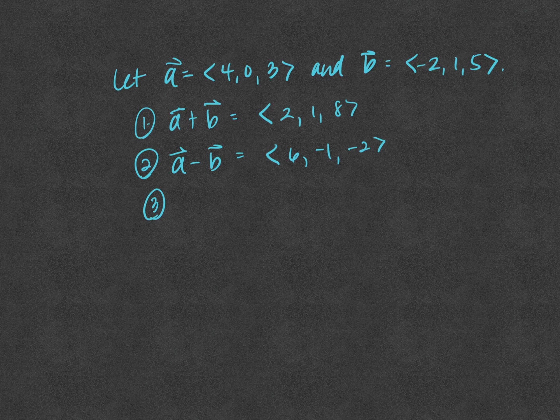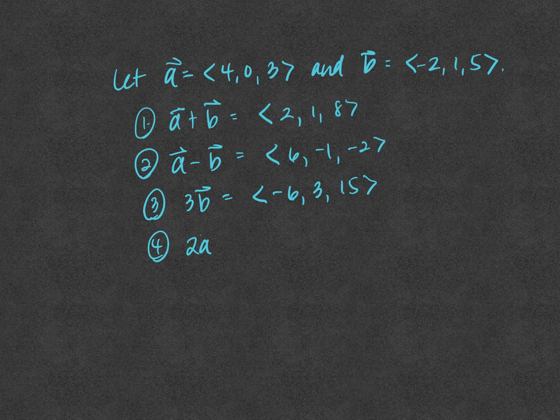Number three, let's find 3B, 3 times vector B. That means we're going to multiply all those by 3, so we get negative 6, positive 3, and 15. And then we can make it fancy and put a scalar with addition or subtraction.